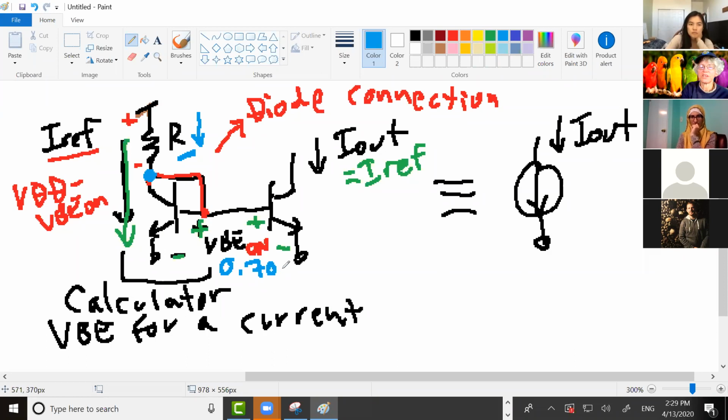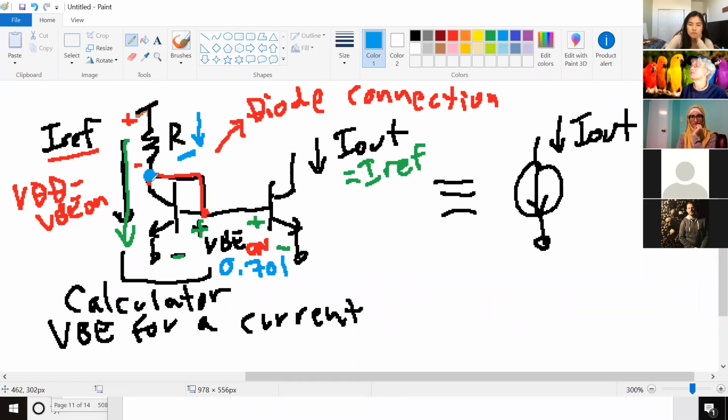Maybe it changes to 0.701. That doesn't change the current through R very much. So if you use VBE on to calculate your R, it will generally get you very close to the current that you want, because this node right here doesn't change all that much.